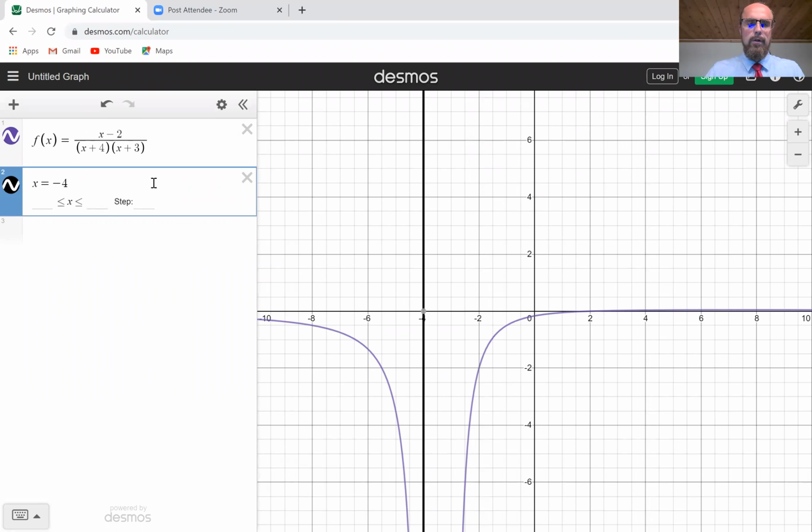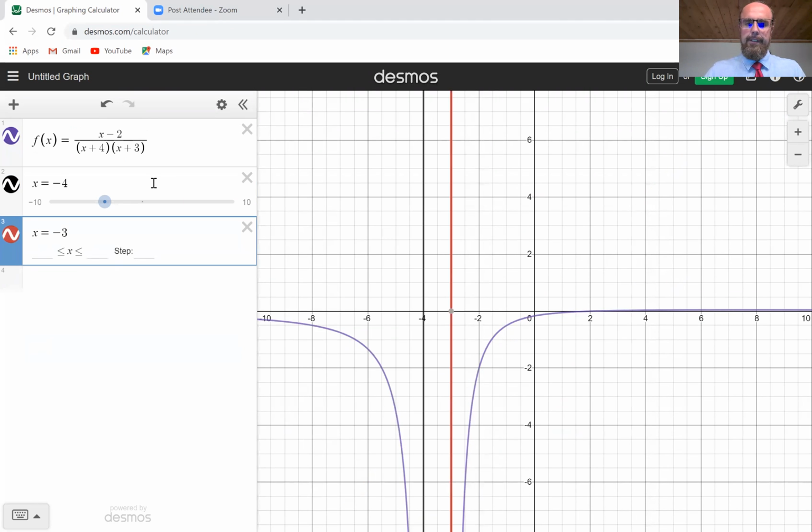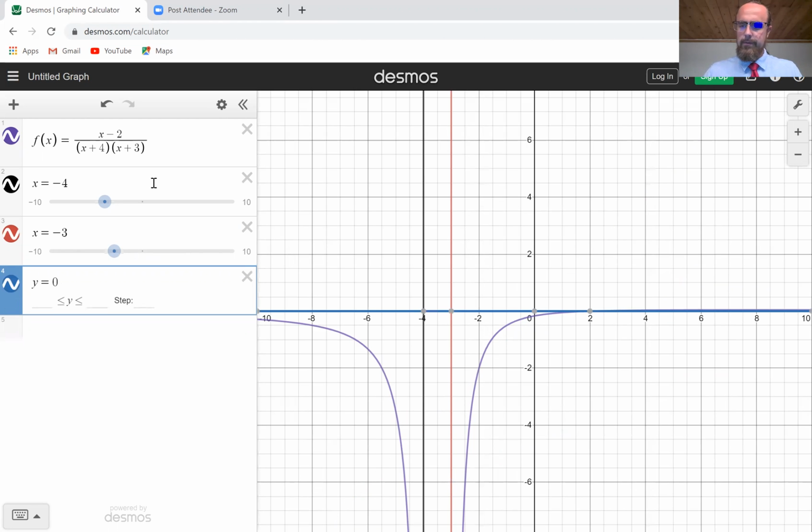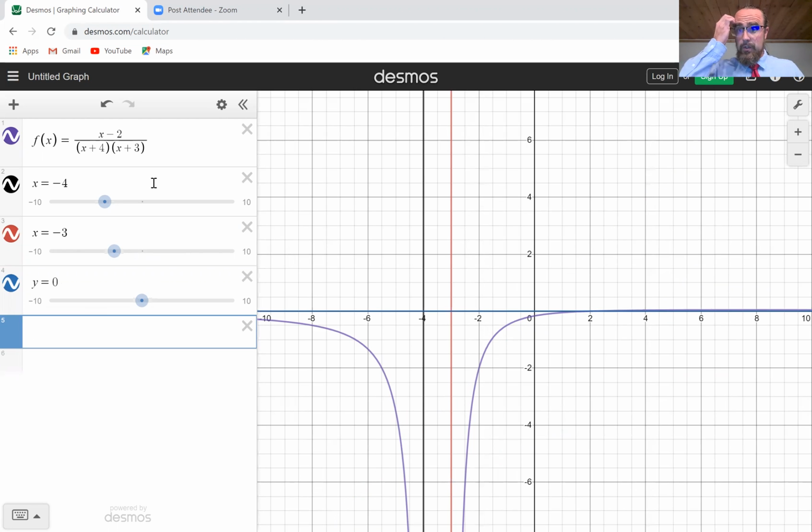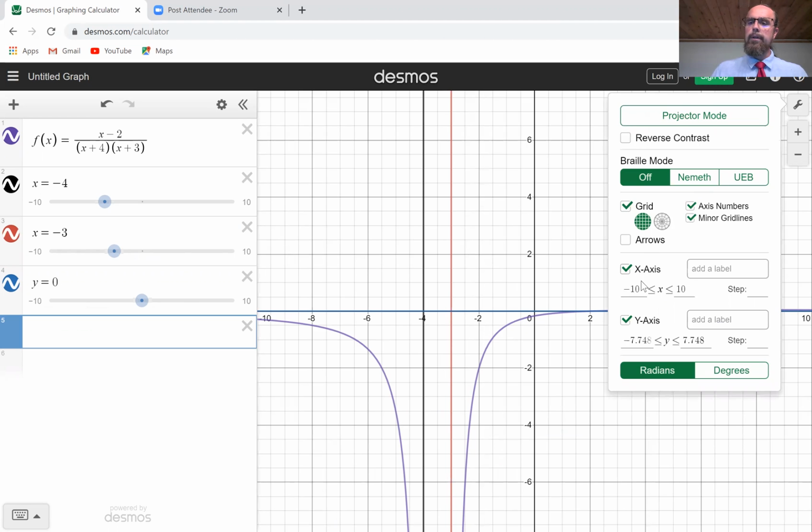So -4 and -3, and then the x-axis. So that's y equals 0. That's my horizontal asymptote. So I see that on the left of my vertical asymptote at -4, the graph's entirely below the x-axis.